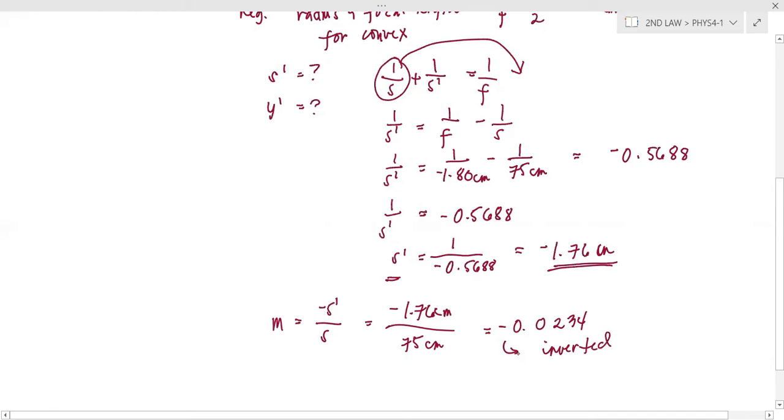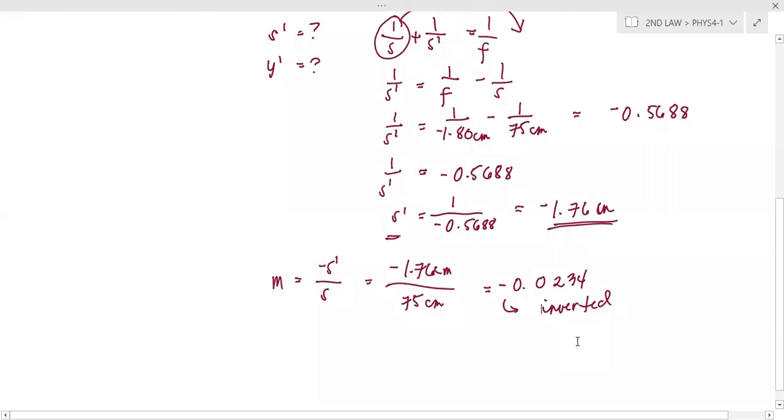To look for the height of Santa, our height is actually equivalent to this formula: lateral magnification is equal to y prime over y. To solve for y prime, we will multiply both sides by y to cancel y here. So this will give us y prime equal to y times m.